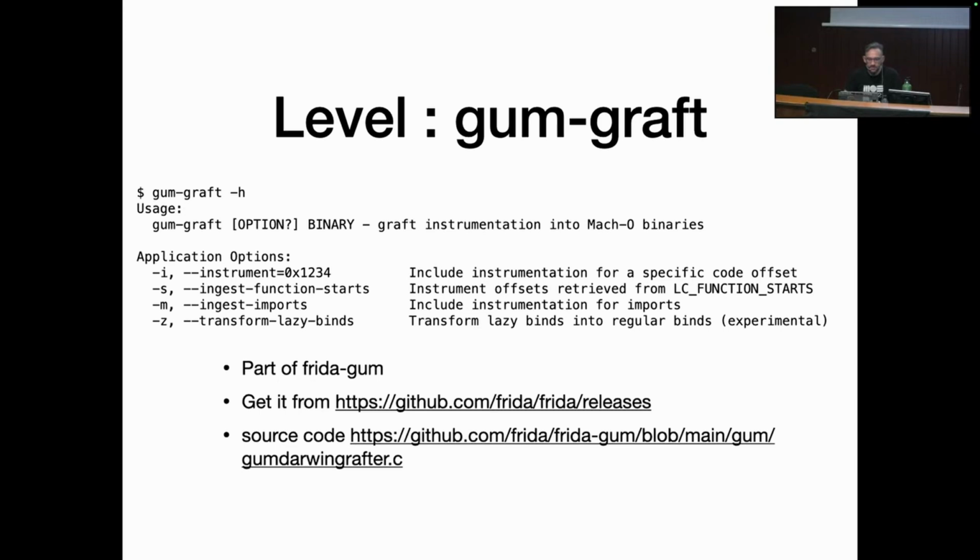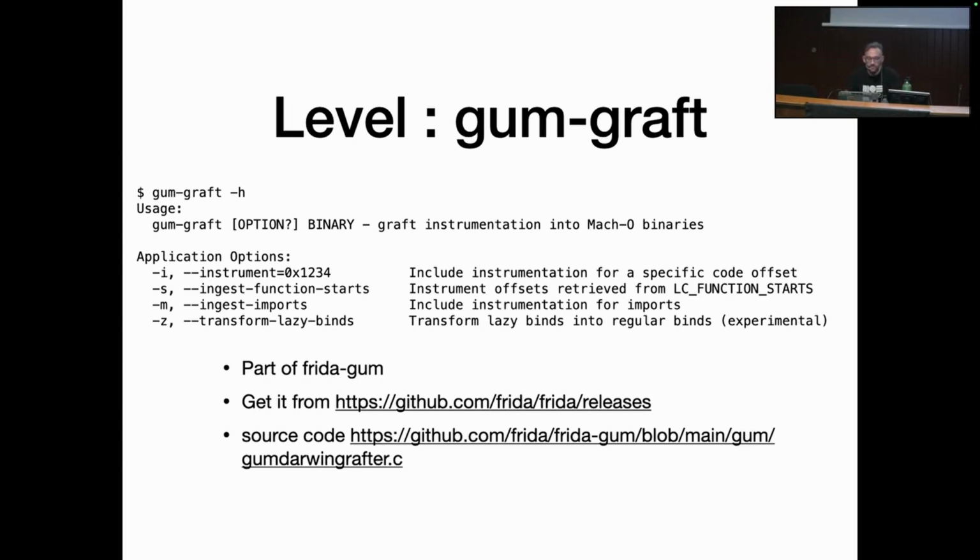It's a command line tool, part of Frida Gum, which takes a single Mach-O binary, and you can tell it what to hook, basically what to prepare hooks for. So you can ingest all the imports, and in that case you probably also want to transform lazy bindings into normal bindings, so that all imports are hooked the same.